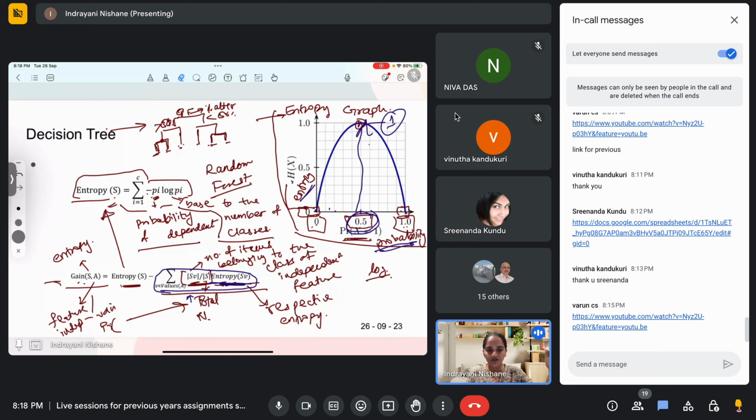That's why the bell curve is also symmetric. We are not going into the derivation of this bell curve, so let's just remember it.